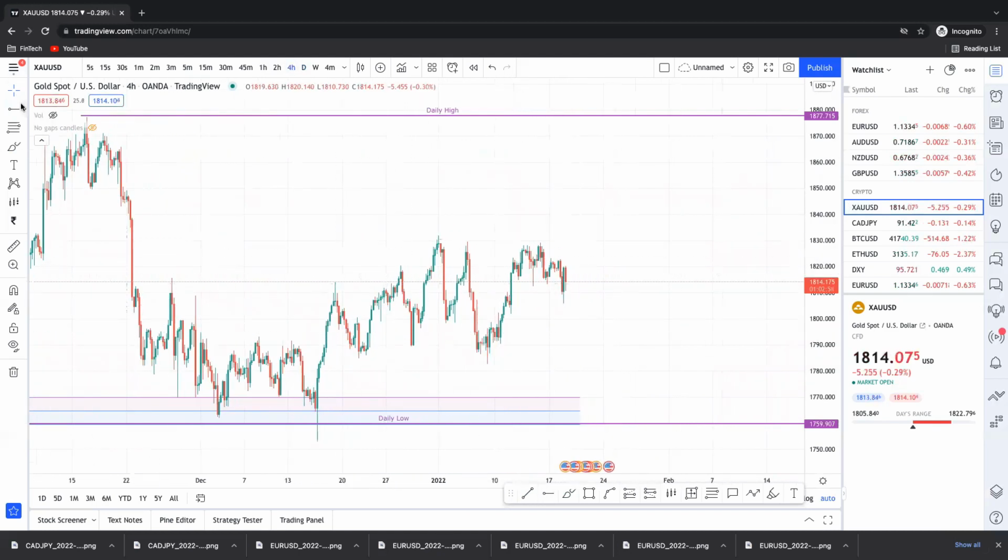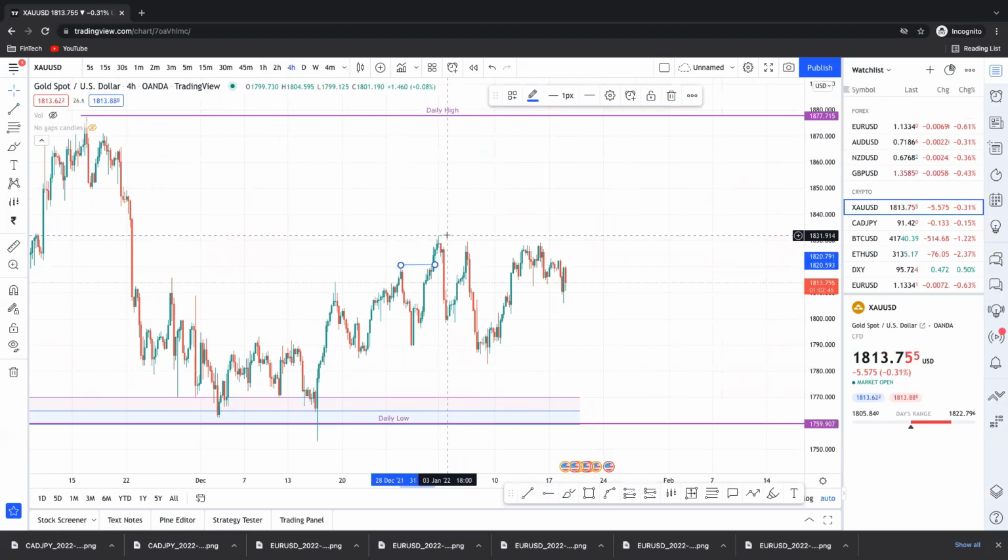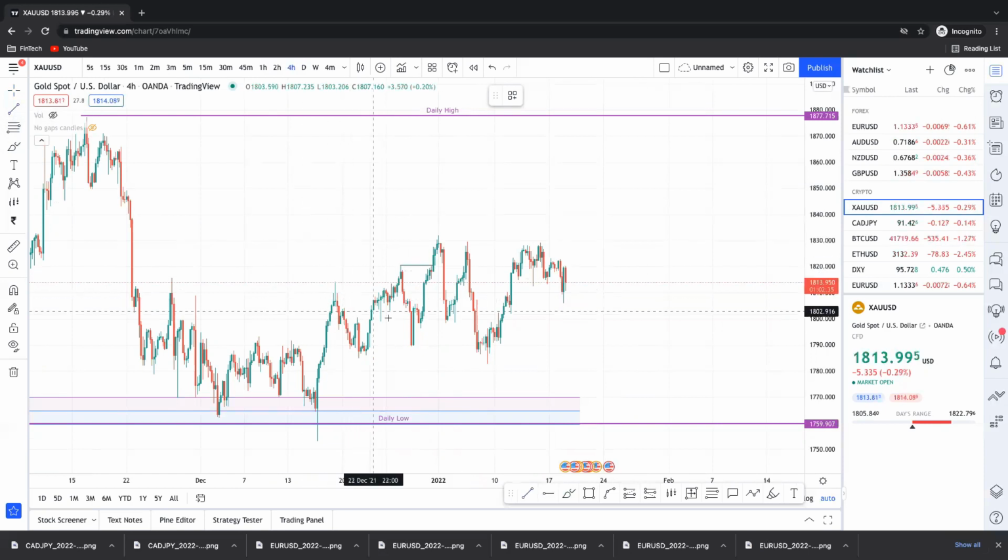This was an immediate breakup structure, and then the new break didn't happen yet. But where did this break come from? This break came from here. We got a break downward, which is a bearish intention.